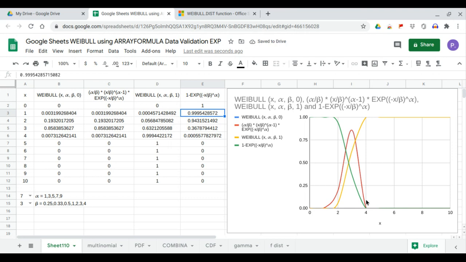So this one in green. Now I can factor in 1 minus. So 1 minus exponent. Now they're on the same line.